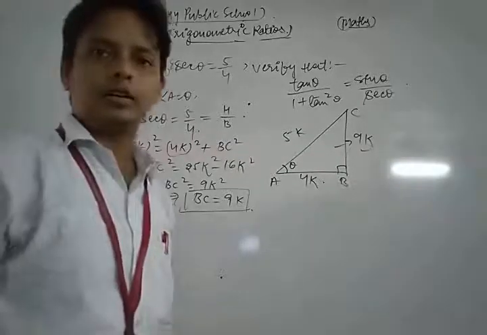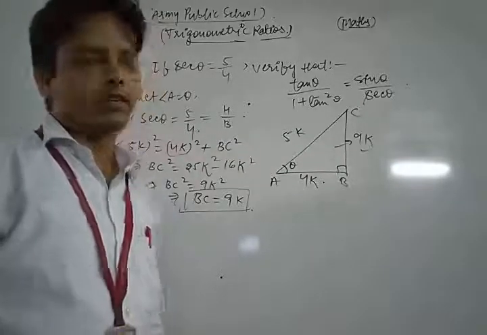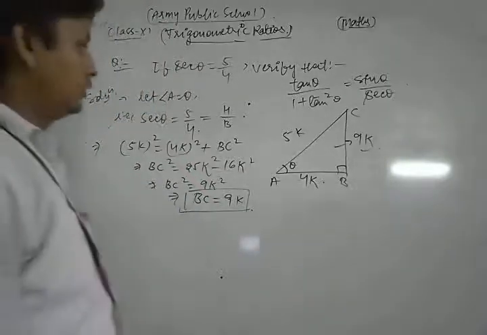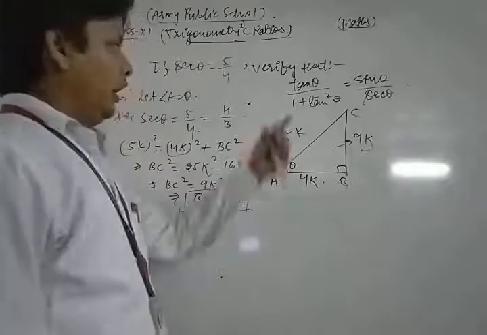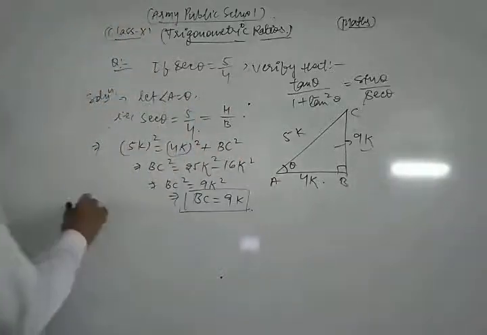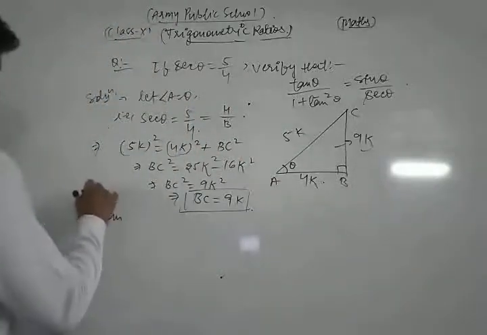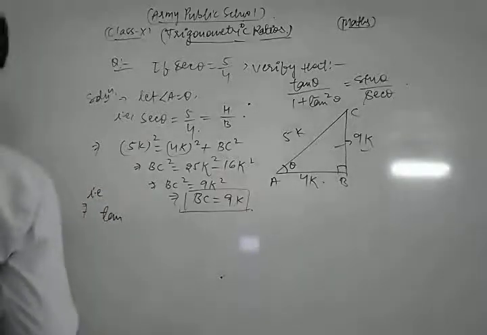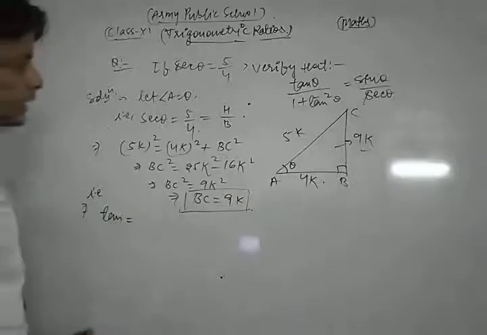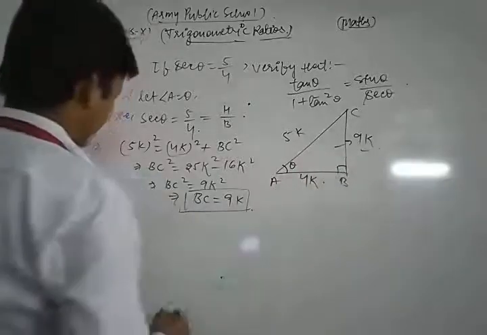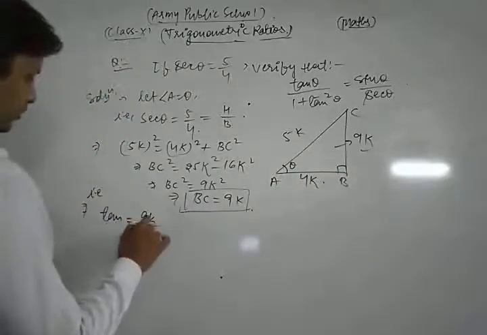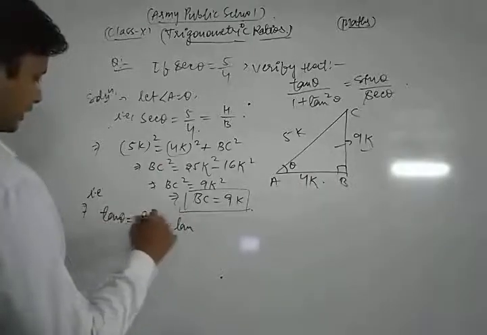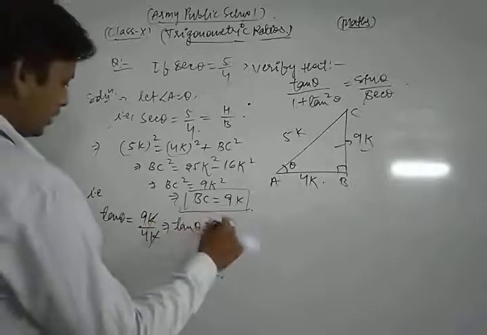Now first of all, we find the value of tan theta. Tan theta is equal to perpendicular upon base, that is 3k upon 4k, k cancel to each other, so tan of angle theta is equal to 3 upon 4.